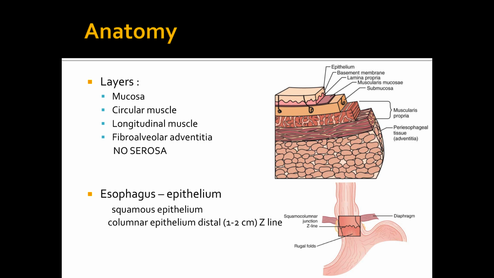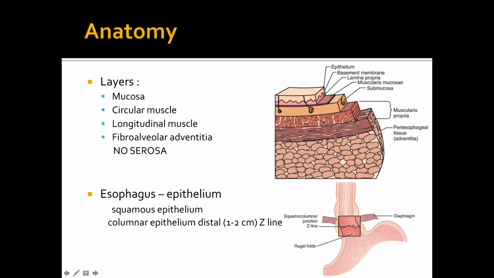Going down to histology, the layers of the esophagus are similar to any hollow viscus. It has a mucosa, submucosa with muscular layers. If you look on the diagram on the upper right, we have our epithelium. In the esophagus it is squamous epithelium, your typical basement membrane, lamina propria, and then you get your submucosa with your musculature.